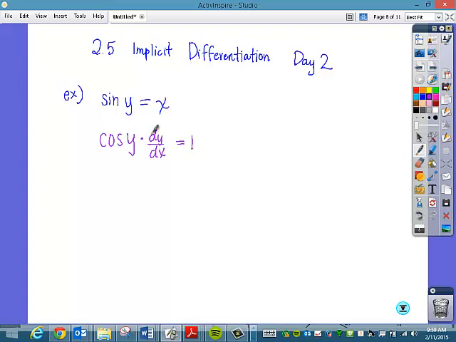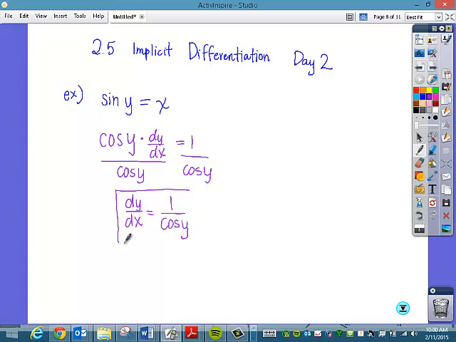And remember, I'm solving for dy dx, so I need to divide by cosine of y on both sides. And that gives me dy dx is 1 over cosine of y. So remember, whenever you take the derivative of something involving a y, you gotta stick a dy dx on there.